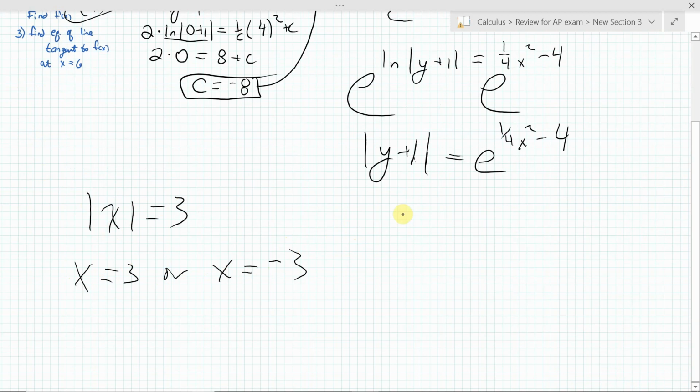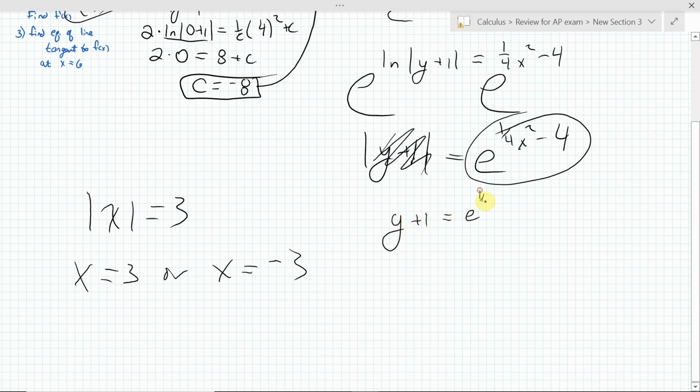So here, if that's the case, and I think of this as like my 3, then either that is equal to the value or it's equal to the opposite of the value. So I could say y plus 1 is equal to e to the quarter x squared minus 4, or it's also possible that y plus 1 is the opposite of that. Sorry.